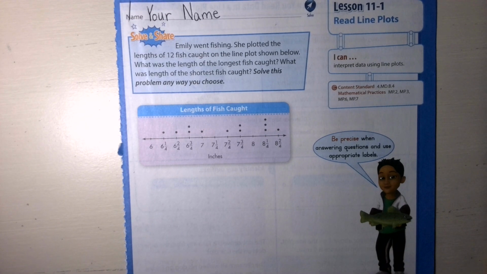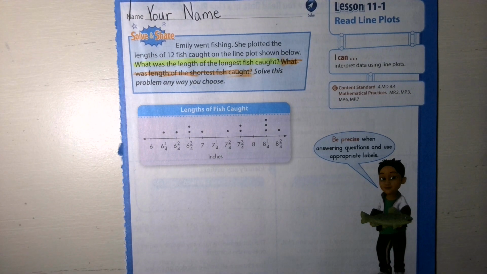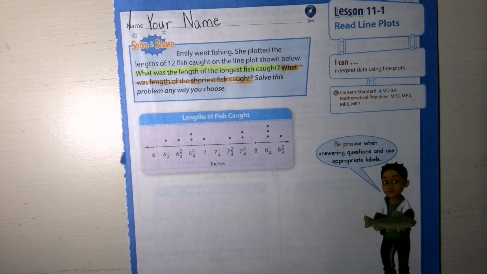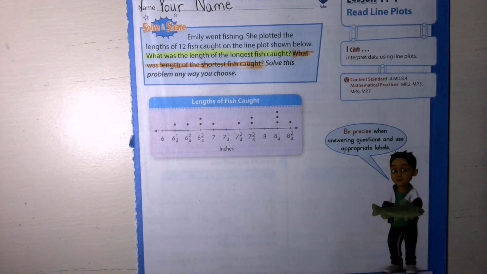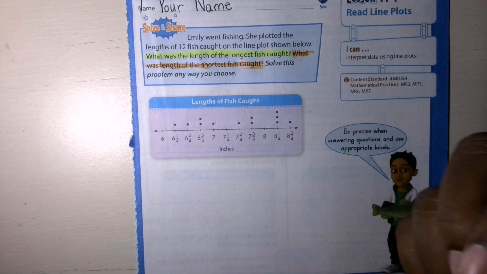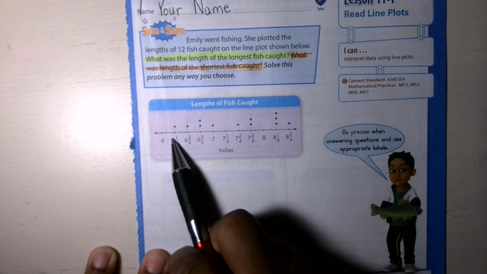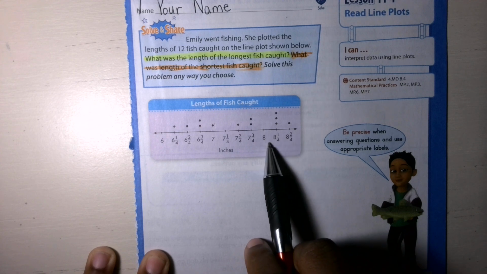So, let's see my actual questions. They are: what was the length of the longest fish caught? And what was the length of the shortest fish caught? Those are my 2 questions. So, the longest fish caught, well, the larger numbers are up here.